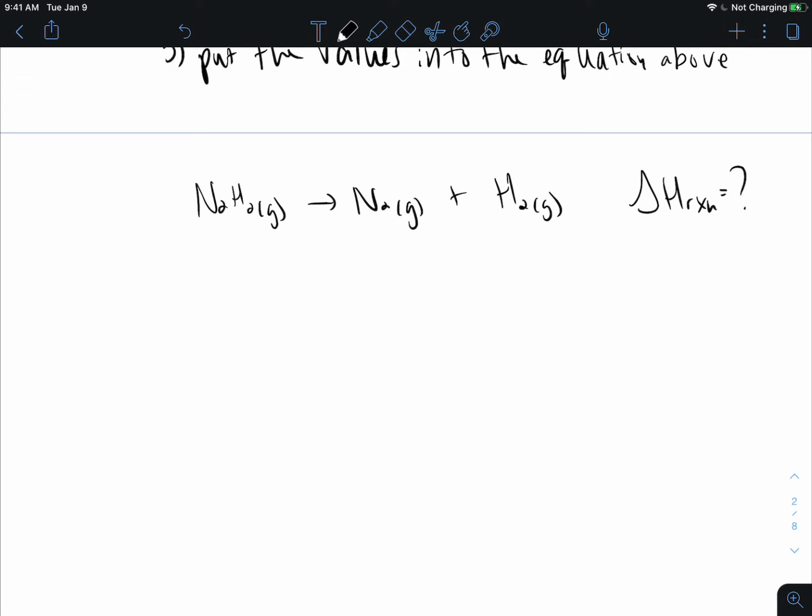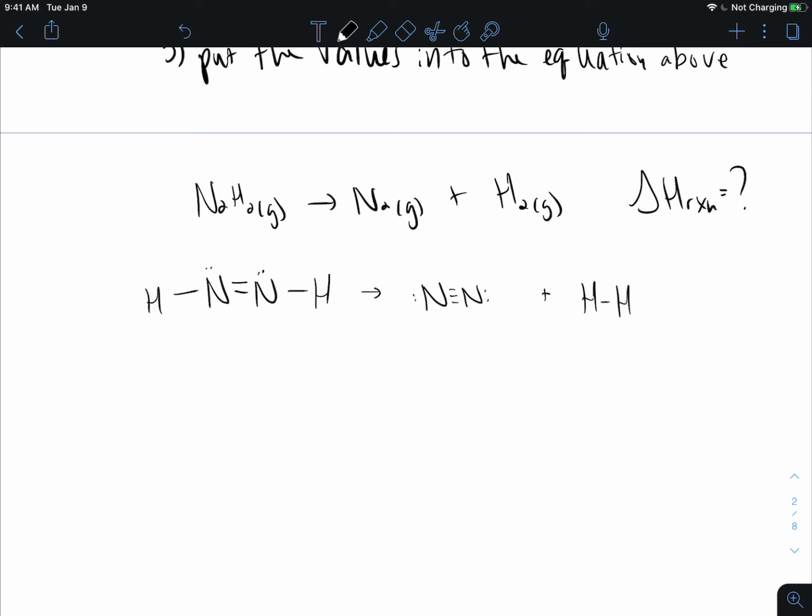There's two nitrogens, 2 hydrogens on both sides. Good to go. Next, we want to draw out our Lewis structures. That's our N2H2, then it goes to N2 and H2.